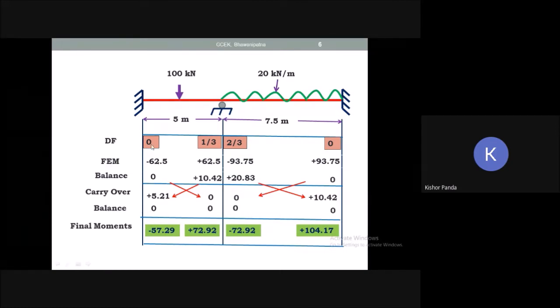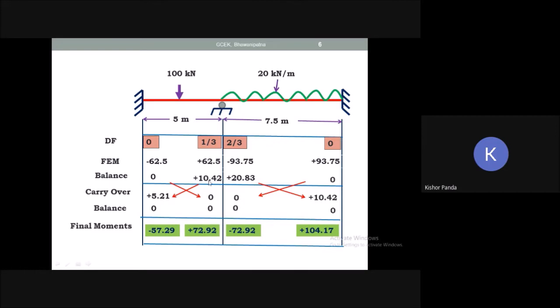Then take the sum of all the moments in the corresponding column and put it here, and that is the final moment. Here you see this is minus 62.5, this is 0, plus 5.21, this is 0. Take the sum of these moments, and this is the final moment. This is 62.5 and this is 10.42, this is 0 and 0.